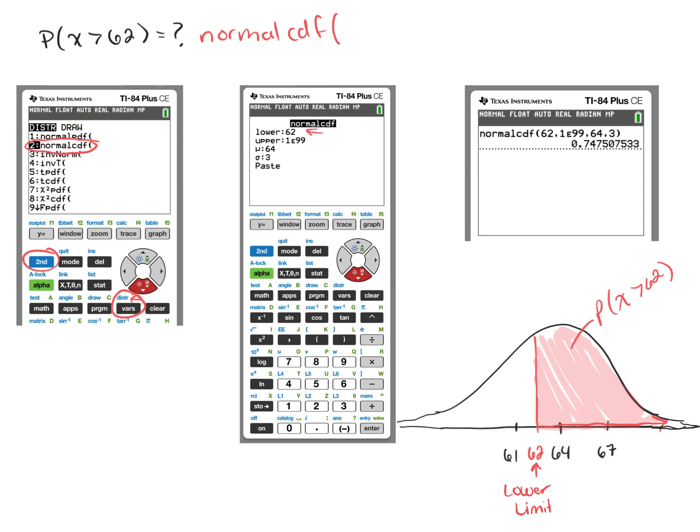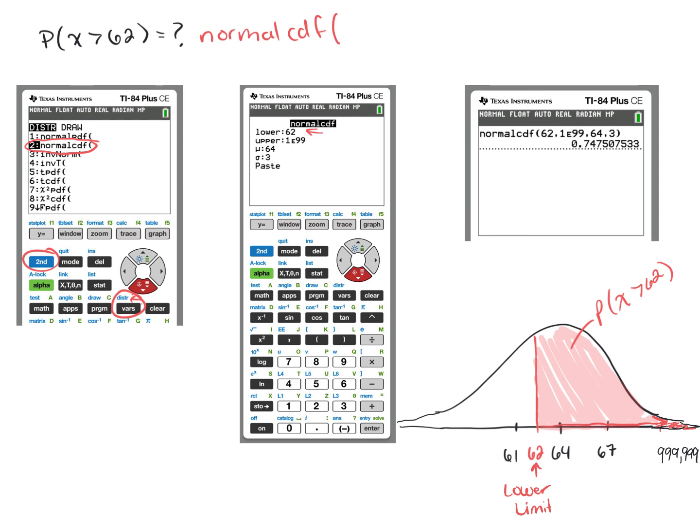And so for an upper bound, okay, again, this function is continuous. So for the upper bound, you want to put in a value that is very, very large. Your textbook says that you can use a number that is very large, like 999,999. So that would be, in this particular example, a height that is 999,999 inches tall. Now, I know that doesn't make any sense in the real world, but basically what you want to do is just put in a very, very large number.